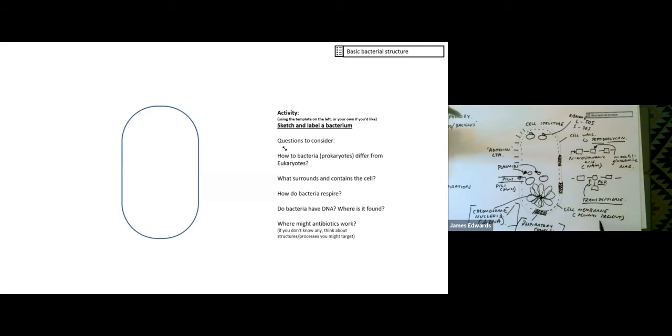They have a cell membrane, that's always present. They also have a cell wall. That's a key part of one of the main differences between your cells and bacteria, and that's an essential drug target. And you also have ribosomes. Now, of course, your cells also have ribosomes, but the sizes are different.